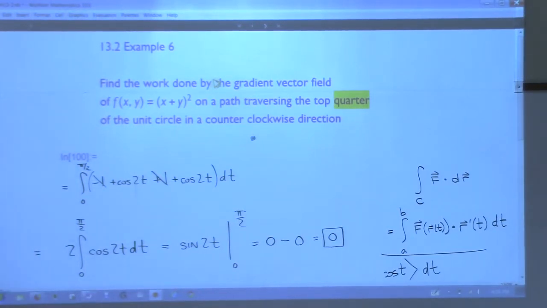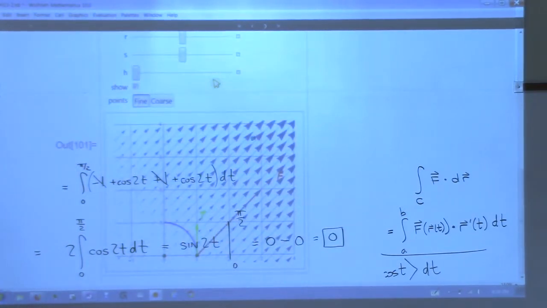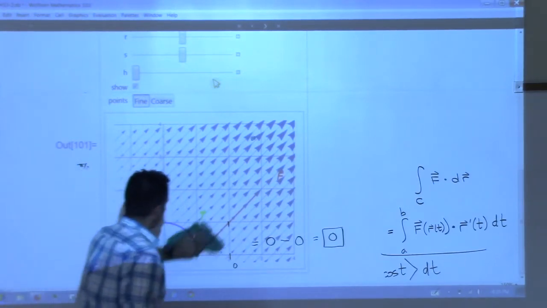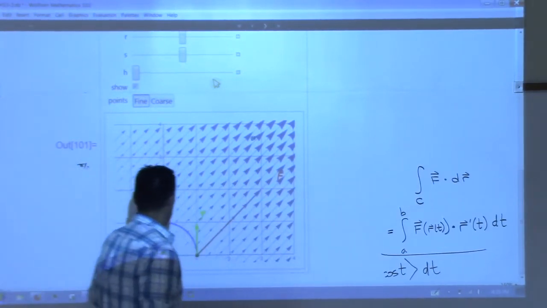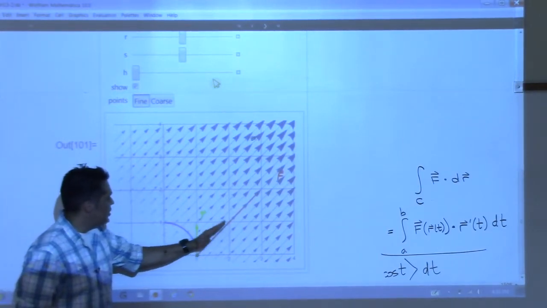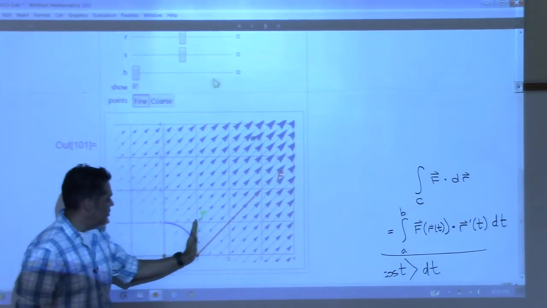So what's going on there if we get a total work of 0? Here's a picture of it. Can I erase this? I want you to pay attention to the angle between the force, the vector field, and our tangential vector.